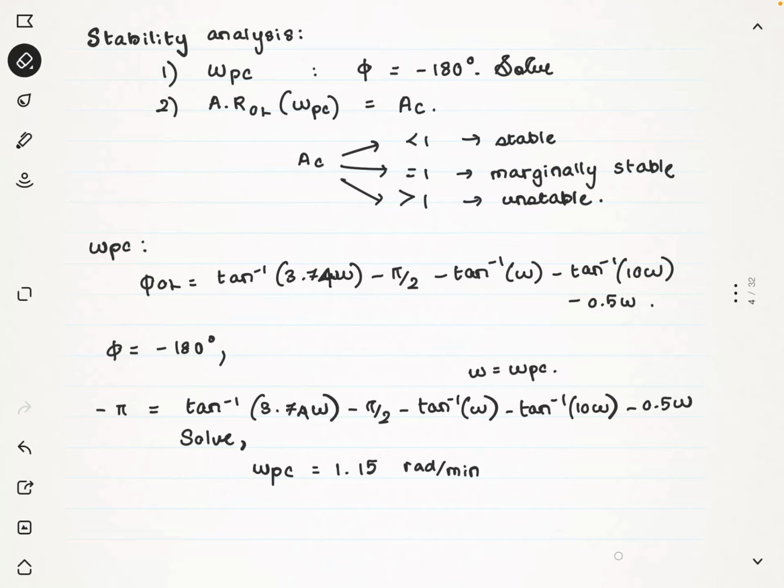So now that we have the crossover frequency, we can substitute this into the amplitude ratio of the open loop equation and then compute the critical amplitude ratio. So the amplitude ratio of the open loop system at the crossover frequency is equal to the critical amplitude ratio.